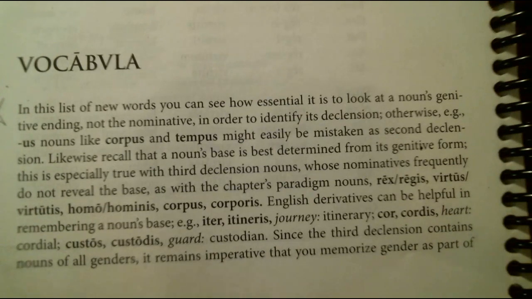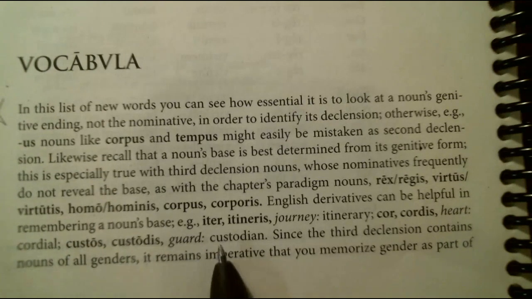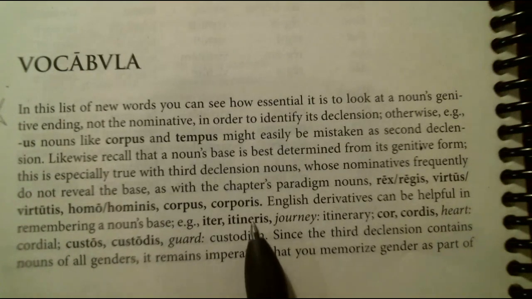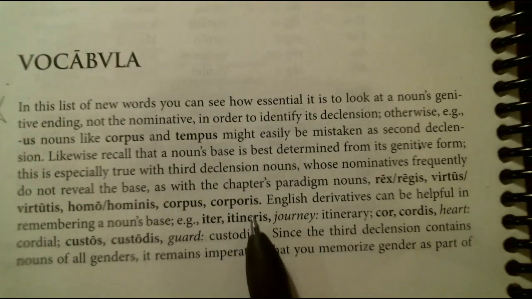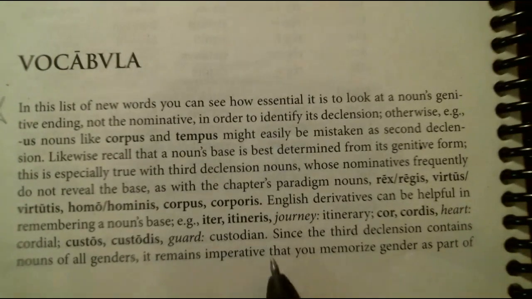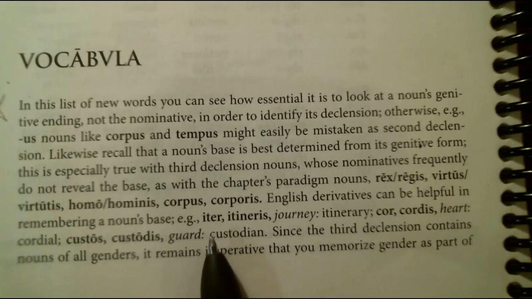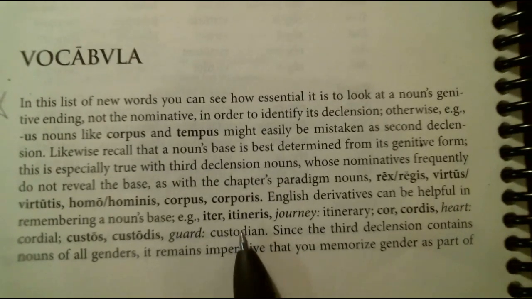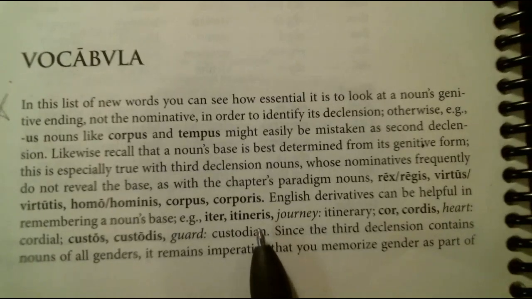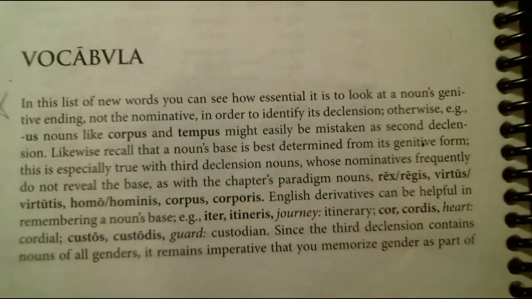English derivatives can be helpful in remembering a noun's base, right? So iter, if you have an itinerary, that's what time your plane leaves, that's what time your plane lands, all right? It means journey, but the full word is not just iter, it's itiner, like itinerary, okay?